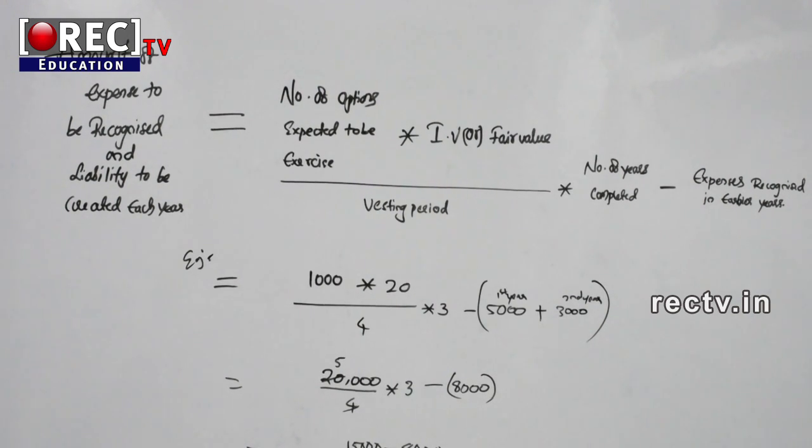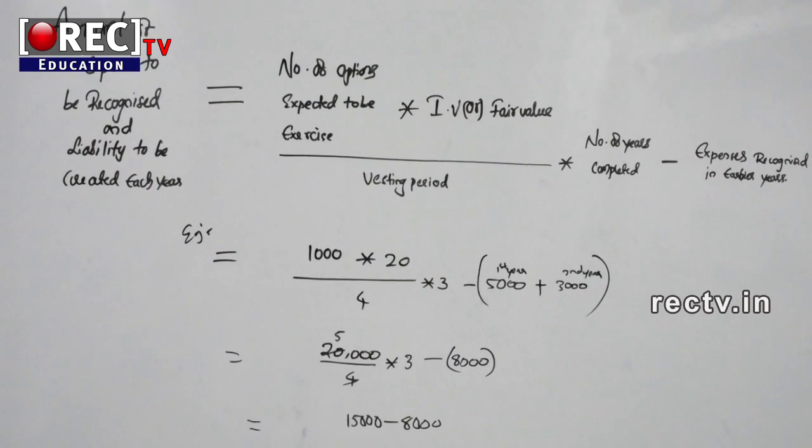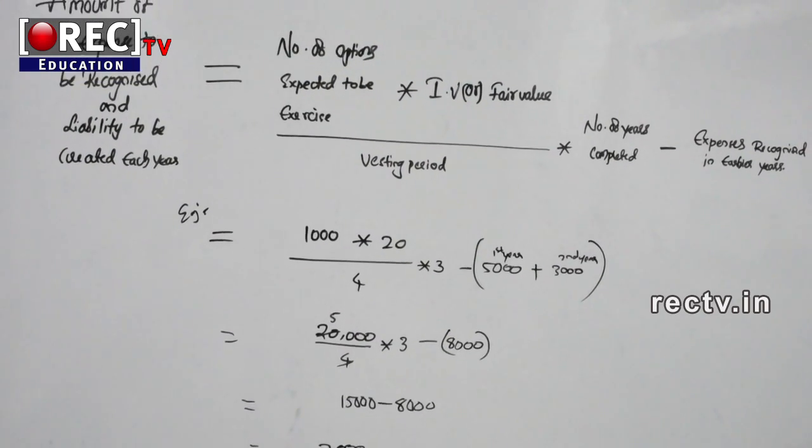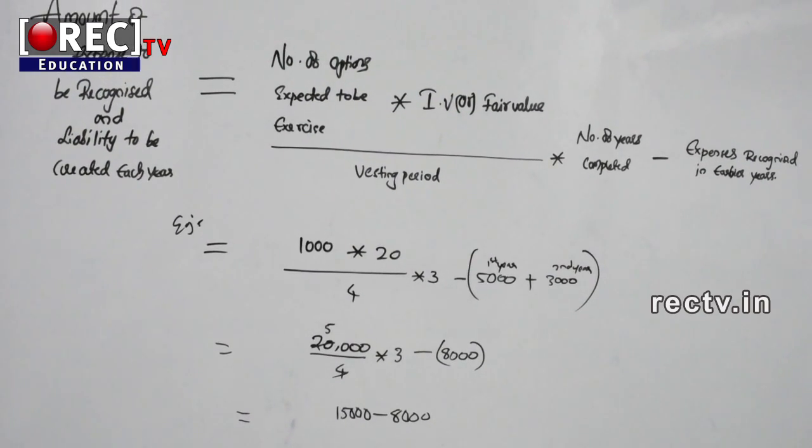Now let us take one example. Here the number of options is 1000 and intrinsic value or fair value is 20 rupees, divided by vesting period of 4 years, into number of years completed, that is 3 years, minus whatever amount you recognized in earlier years.